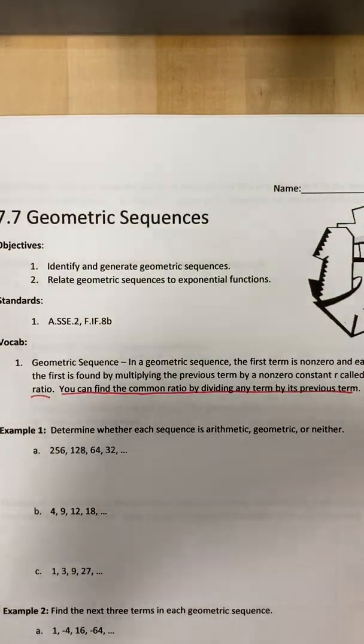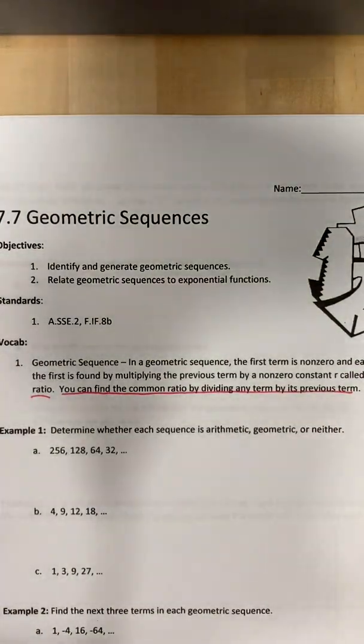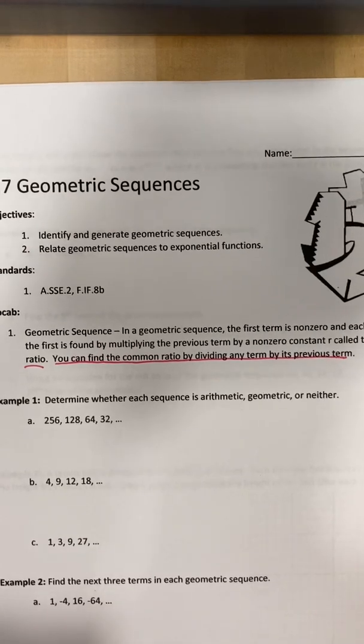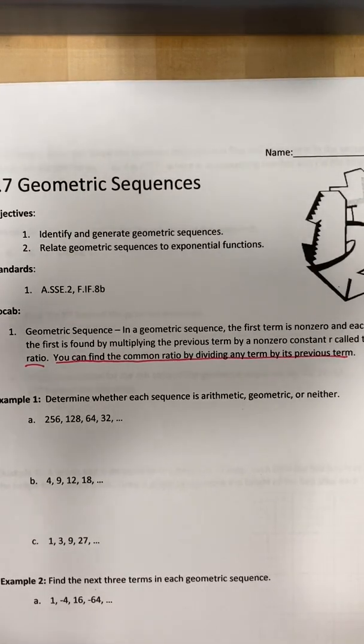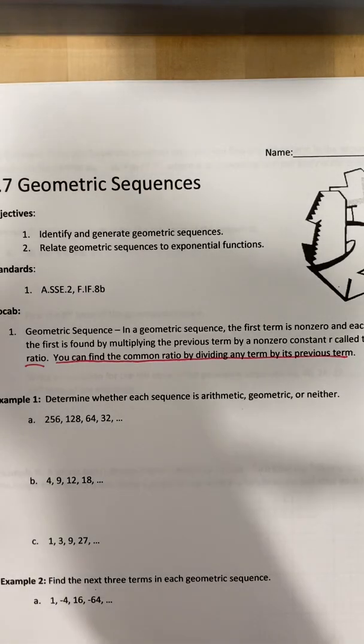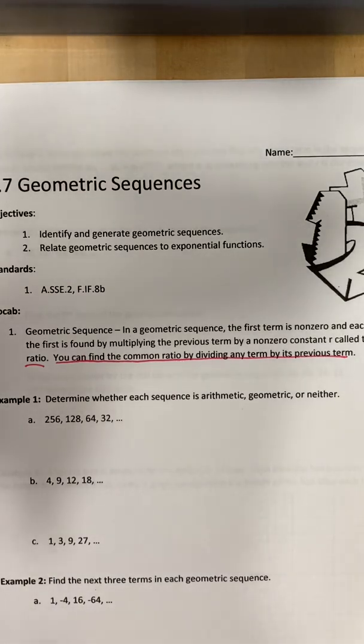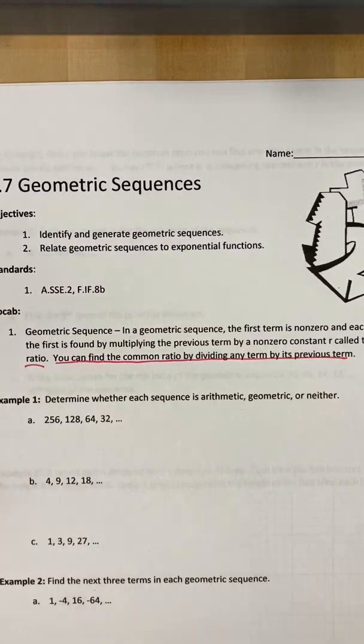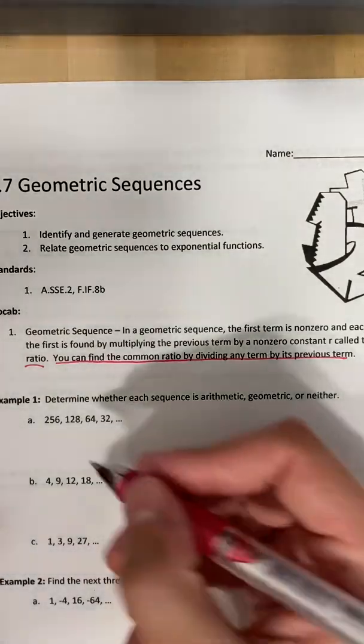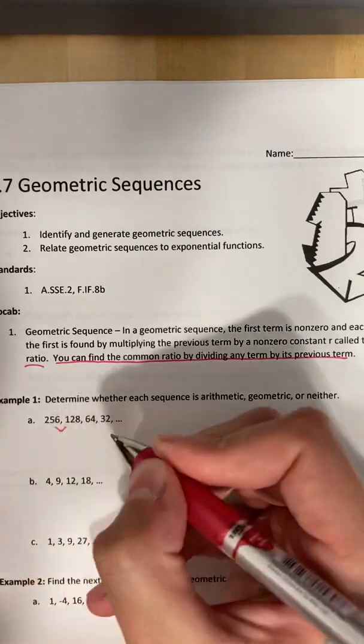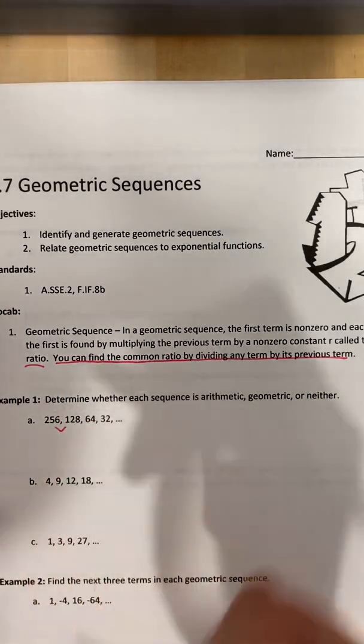So let's look at the first example here. It says to determine whether each sequence is arithmetic, geometric, or neither. So what you're going to want to do for these is find the difference between these things. So let's take a look at the difference between 256 and 128.